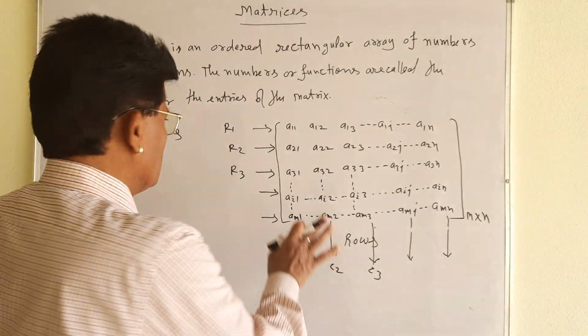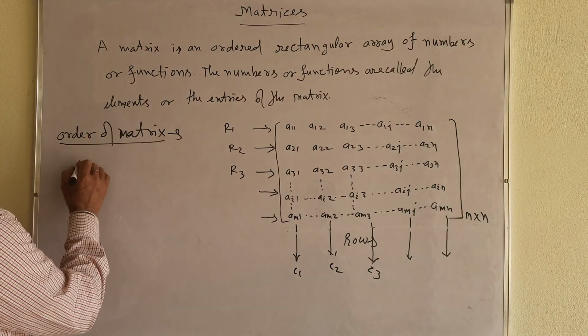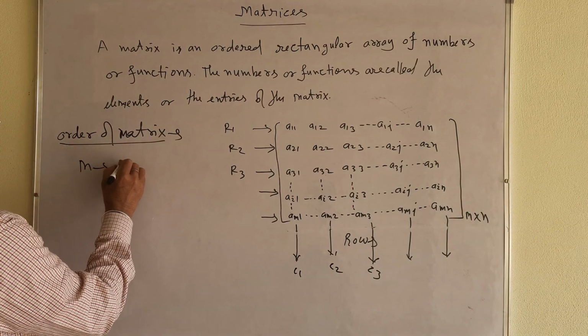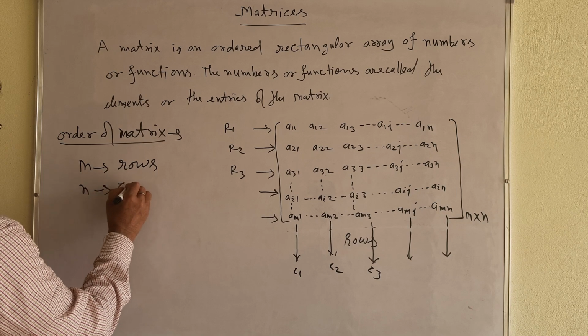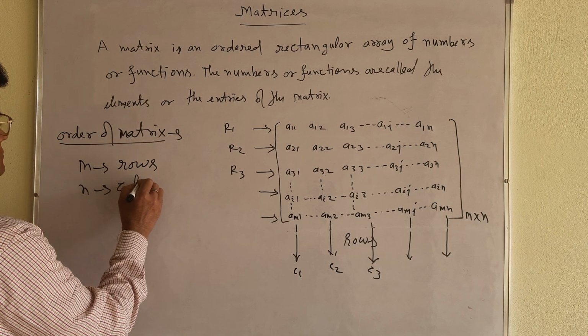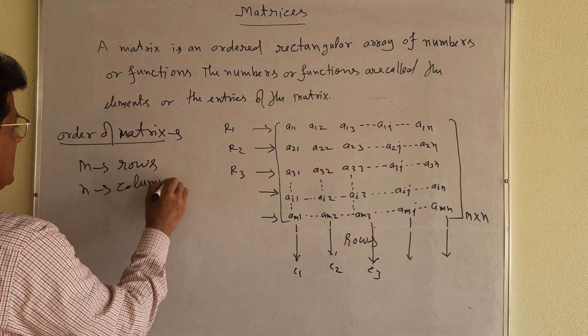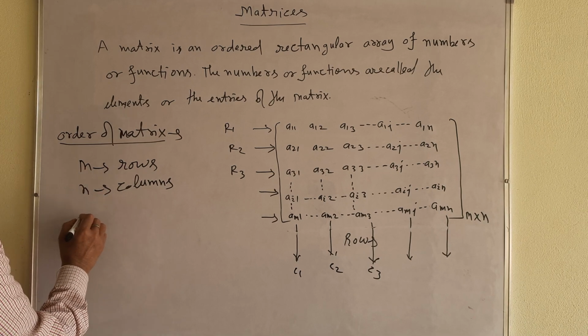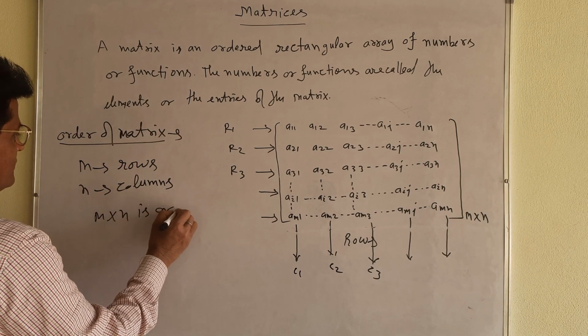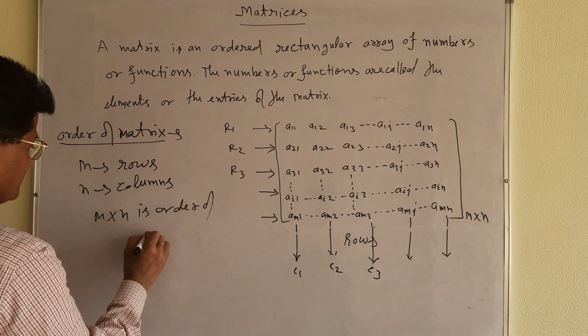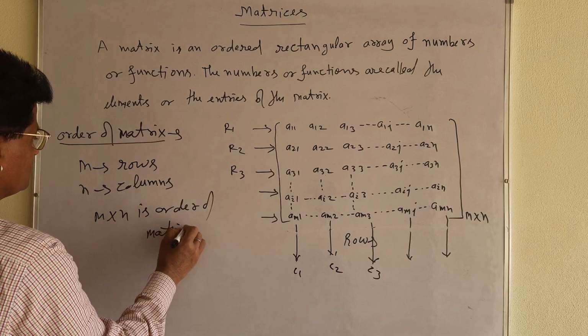Once again, to be clear, there are M rows in the matrix and N columns. Therefore, M by N is the order of the matrix.